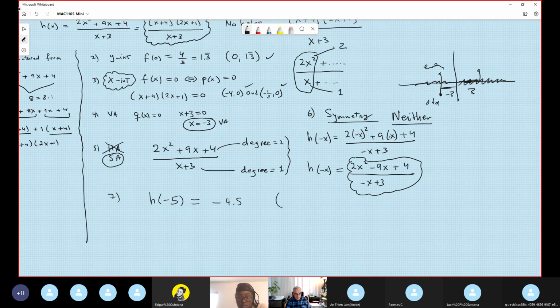Therefore we have the point (-5, 4.5). h at -2 is -6, so the point is (-2, -6). And you evaluate at 1. At least 3 is enough. The answer is -3.75, so the point is (1, -3.75). With this information, we have enough to do a decent graph.